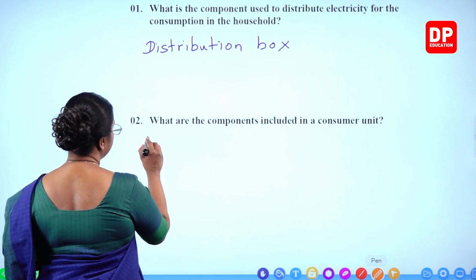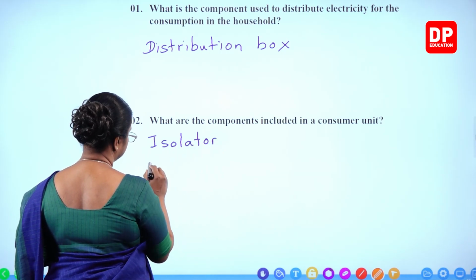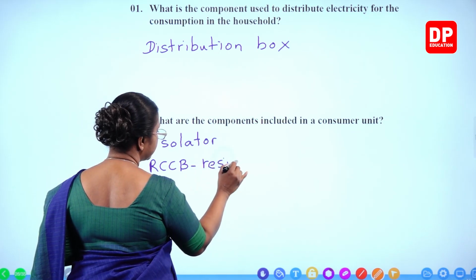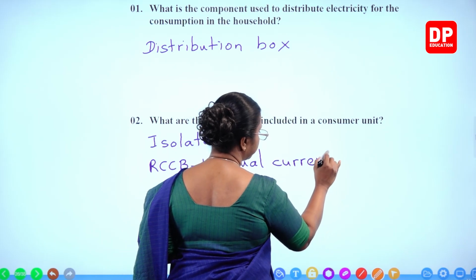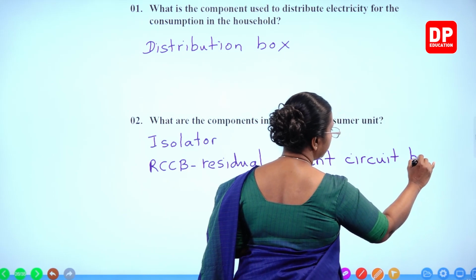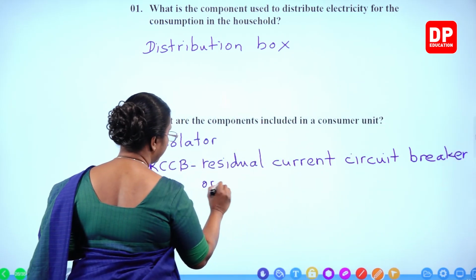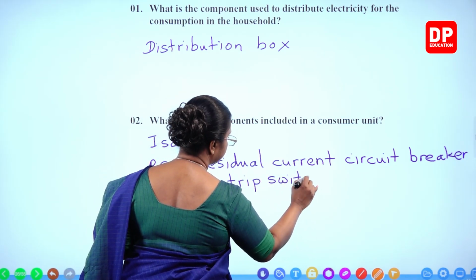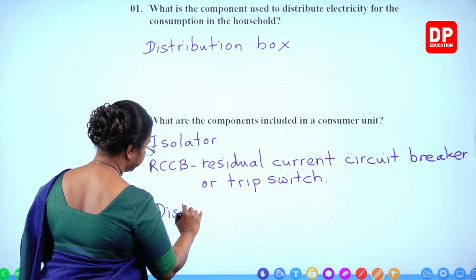So here, isolator, RCCB, residual current circuit breaker, or what we call the trip switch. And distribution box.